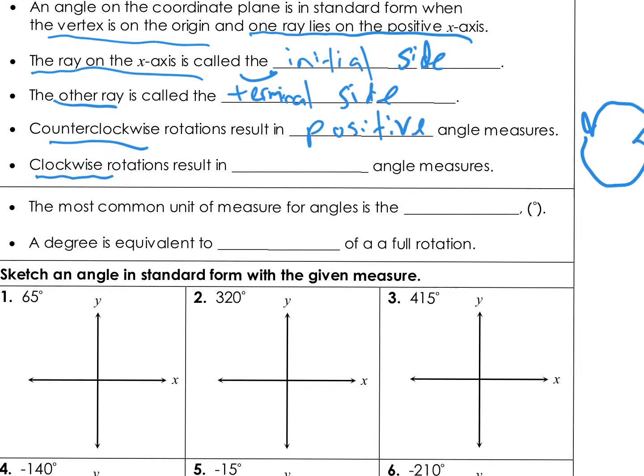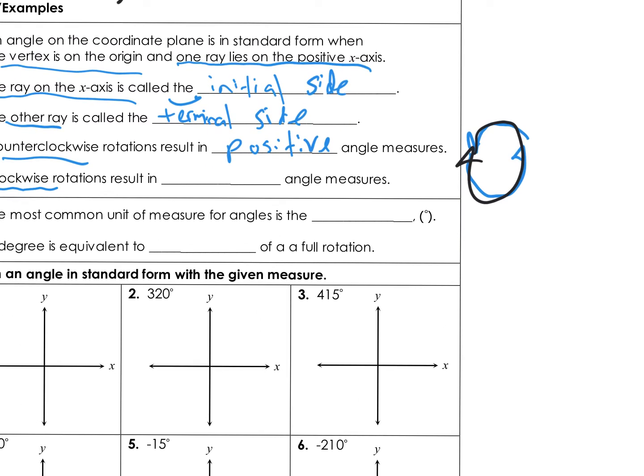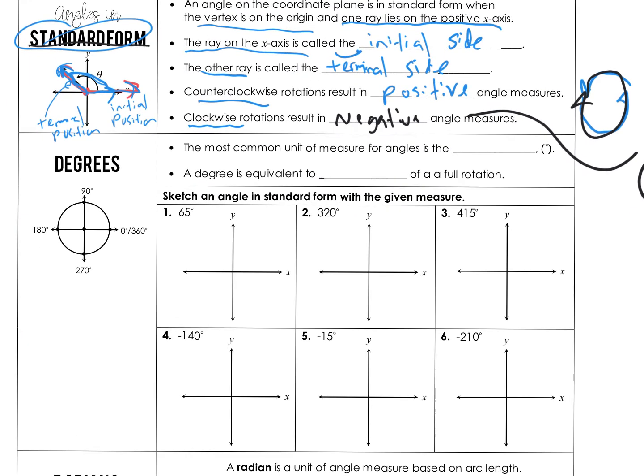Wait, I did it backwards, didn't I? No, this is clockwise. This is clockwise. Yes, this is clockwise, and that's positive. I don't know why I drew it like that. Then this one is counterclockwise, and that should result in your negative. Yeah, I can just now see 100 messages on YouTube saying, hey, you did it wrong. Okay, we did it wrong for 30 seconds.